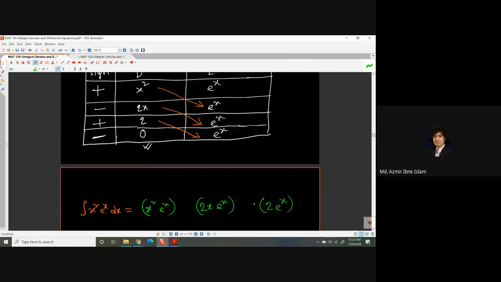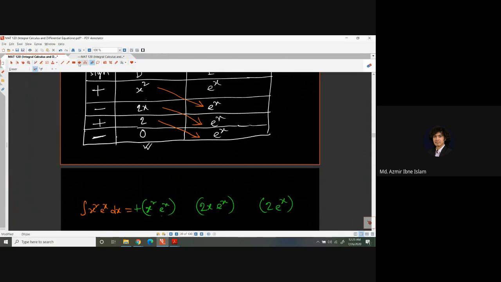Now we have to figure out what will be the sign here, here, and here. Okay, so for this part we will come by this way. Here you can see plus x squared automatically with plus. So for the first term x squared e to the power x, we will have plus plus plus plus plus, we are getting plus.